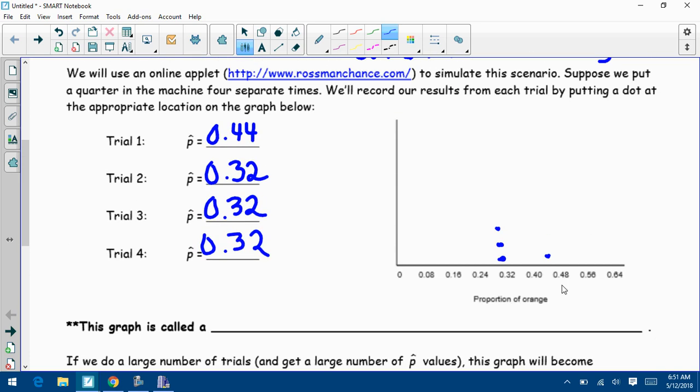Okay, so what we're drawing, this graph here, is called a sampling distribution of sample proportions.